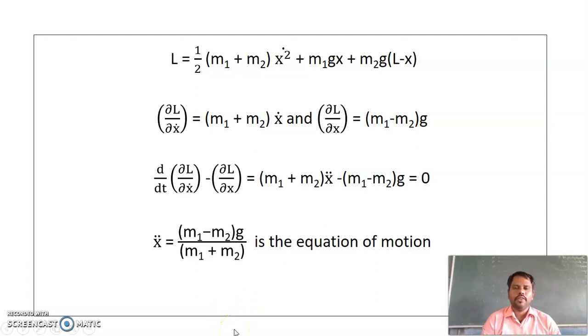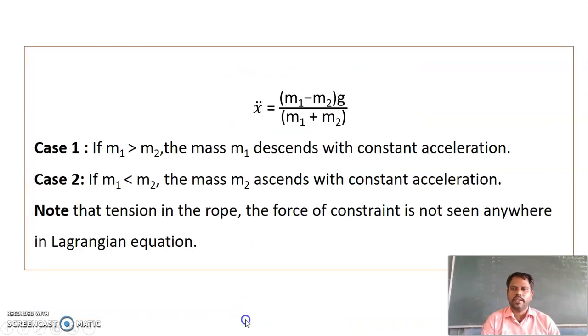Now, based upon their masses, let's have two cases. Case 1: if the mass m1 is greater than m2, then m1 descends with constant acceleration.